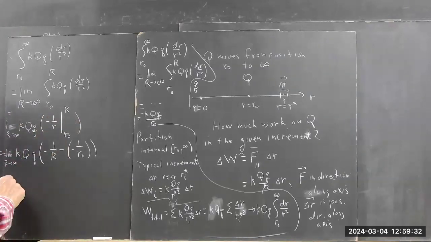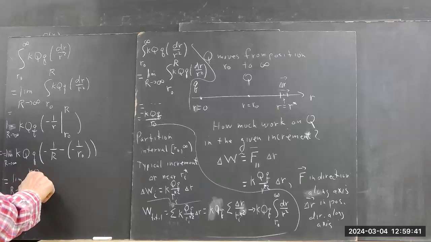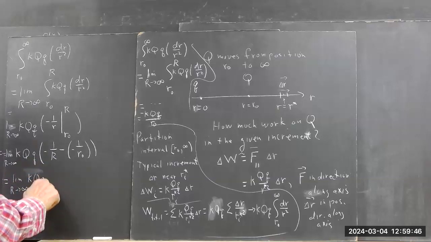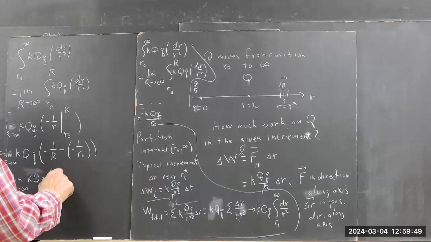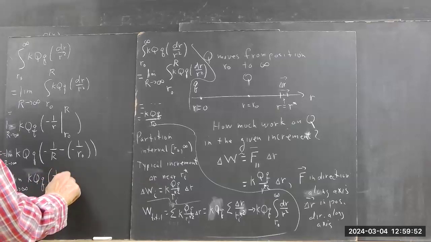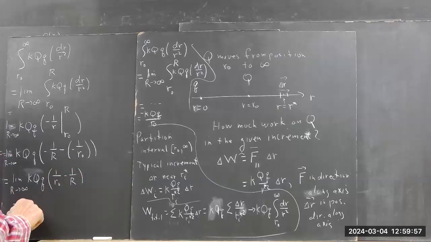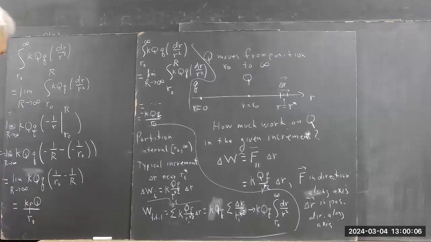Again, as big R goes to infinity, you get K, little q, big Q over R naught.